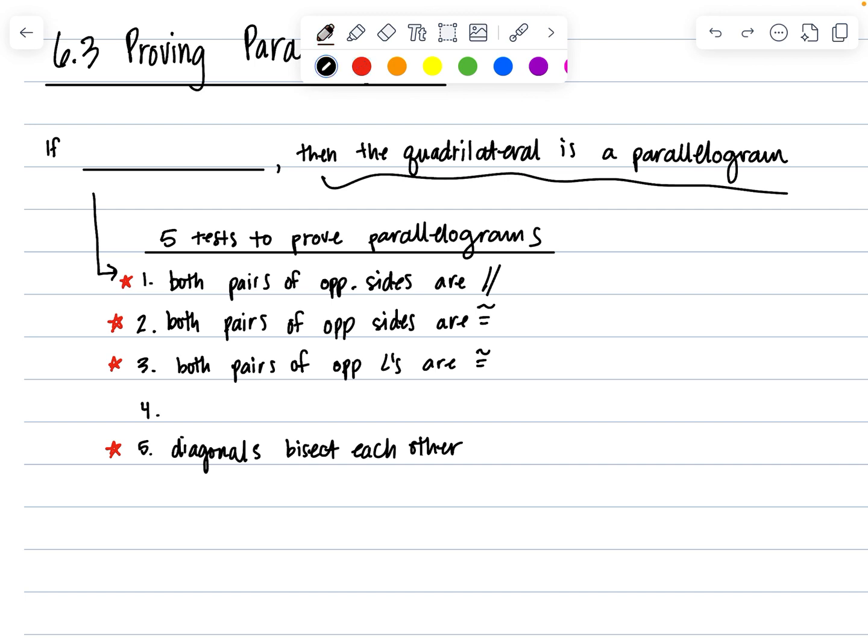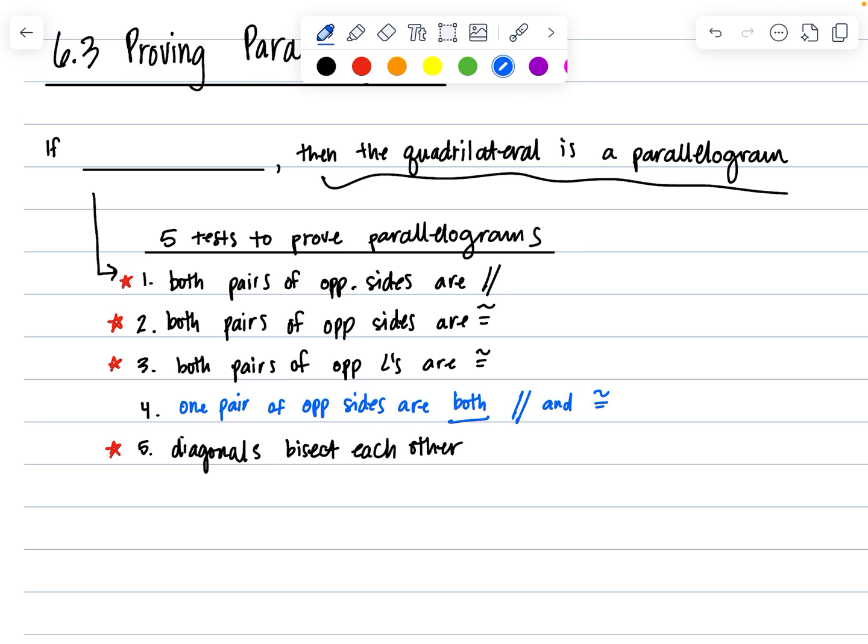The other way to prove that a quadrilateral is a parallelogram is, I'm going to do this in blue, if one pair of opposite sides are both, and this is important, so both of these have to work, both parallel and congruent.